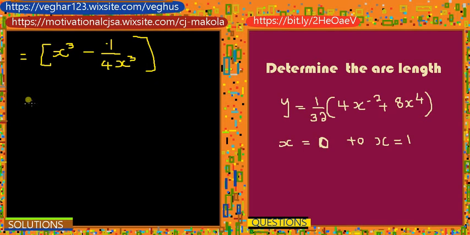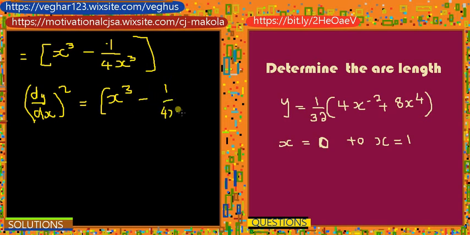after deriving it, you square it, so we'll have dy over dx squared. You have to square it, and squaring this one, you have x cubed and then 1 over 4x cubed, and then square like this.